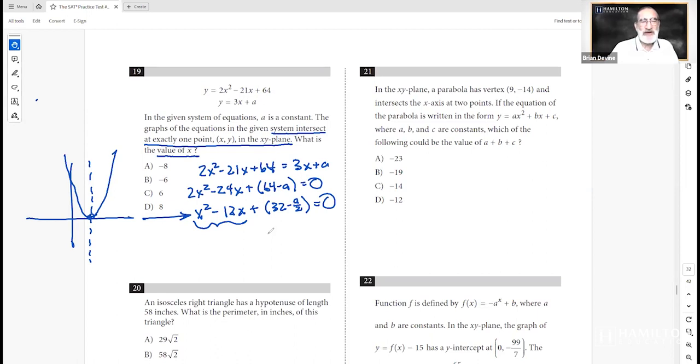We don't need to even worry about a now, because I know when x equals negative b over 2a, I'm going to be on the axis of symmetry, which would be the x value of the vertex, which is now just touching the x-axis at that 1 point. And so that's at 6. So x must be 6, and C is your solution. That is a tricky problem.